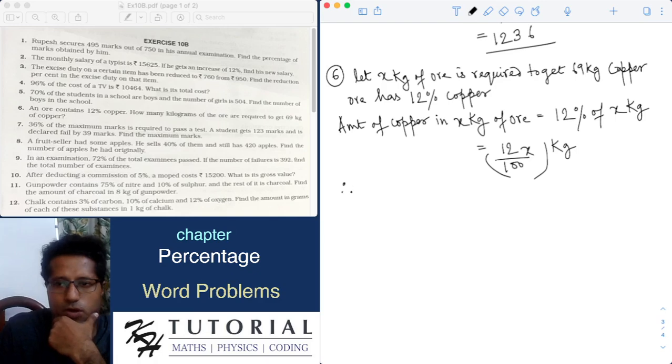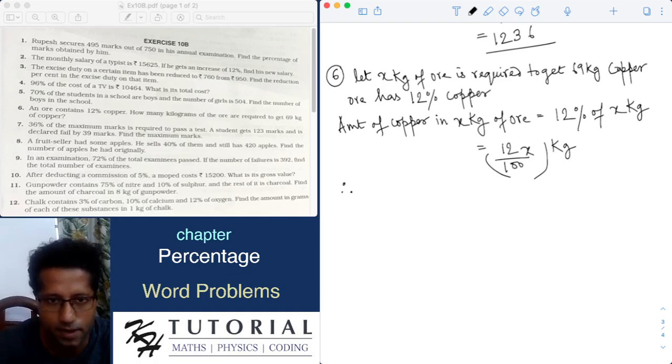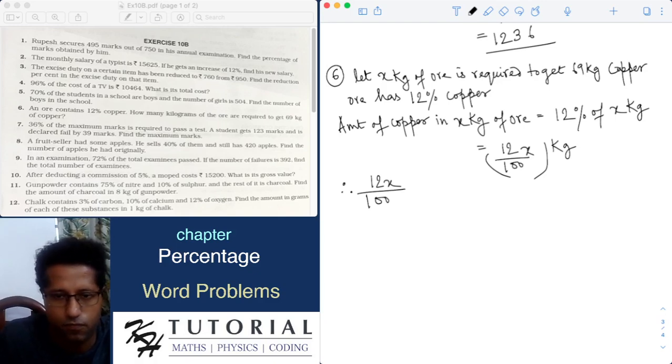Therefore, it is already given that the amount of copper, it is asking how many kilograms of ore are required to get 69 kg of copper. We have assumed that x kg of ore is required. So now we can say that 12x by 100 is the amount of copper in the ore. This is given to be equal to 69.